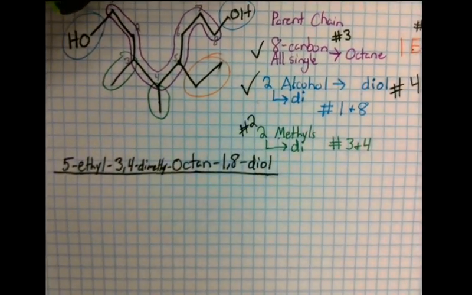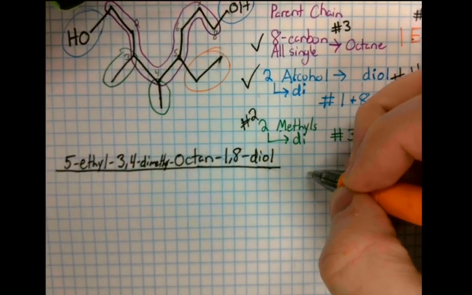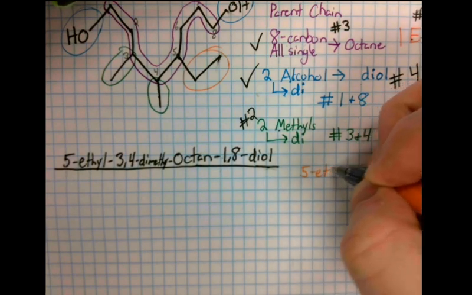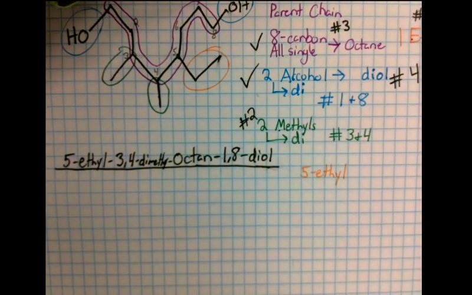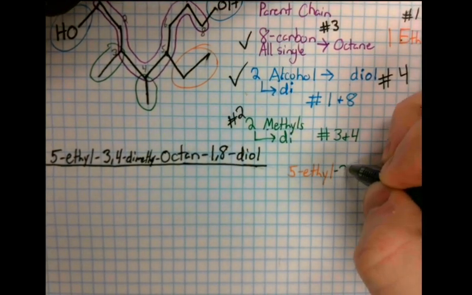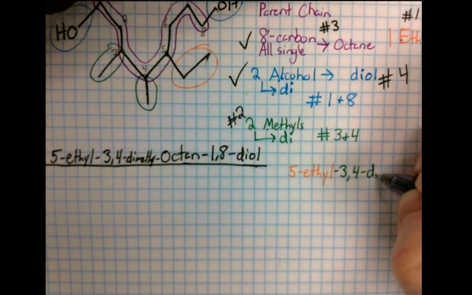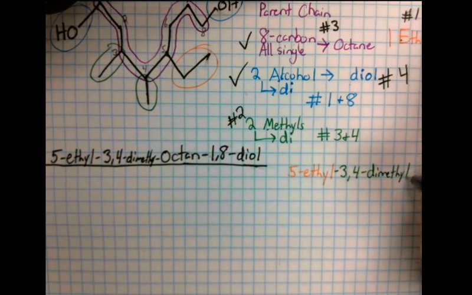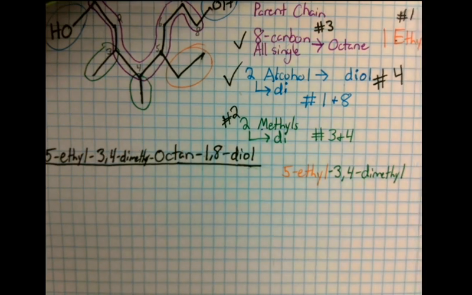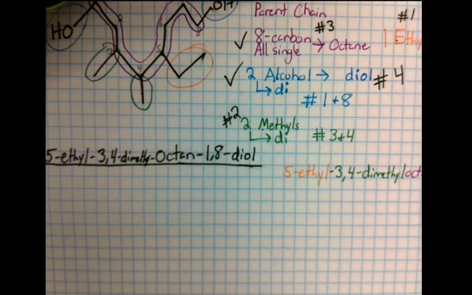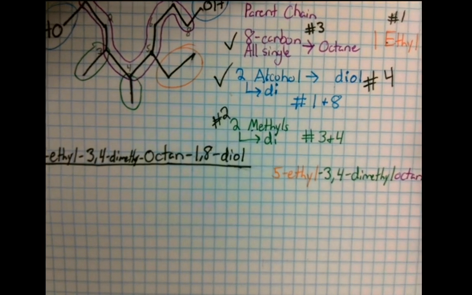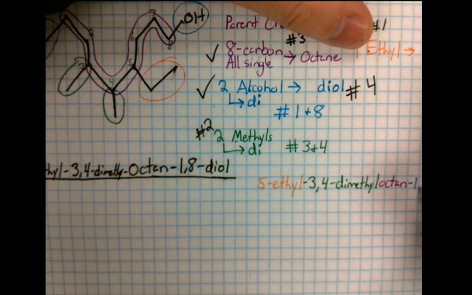So in that case, it is 5-ethyl, and this will end up with the same thing, but I'm going to write it a second time. 3,4-dimethyl. And you don't have to have a dash like I said here, so dimethyl octan-1,8-diol.